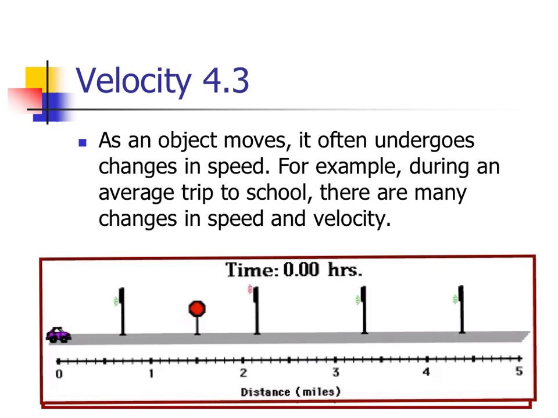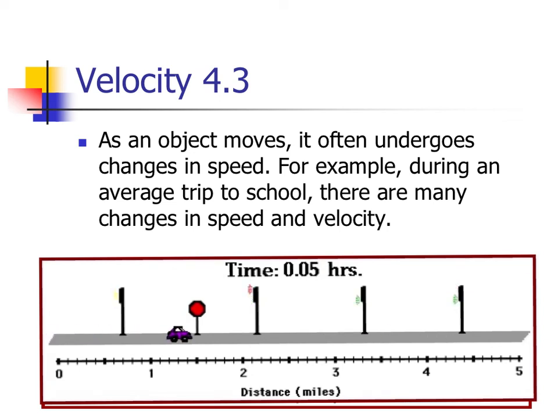So an object moves, it undergoes changes, just like we talked about on the previous day. During an average trip to, say, Mankato, you have to stop or slow down through St. Peter. This gives us that same indication that the distance being traveled is 5 miles.